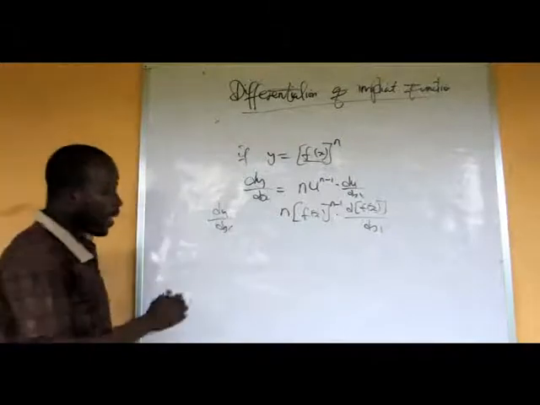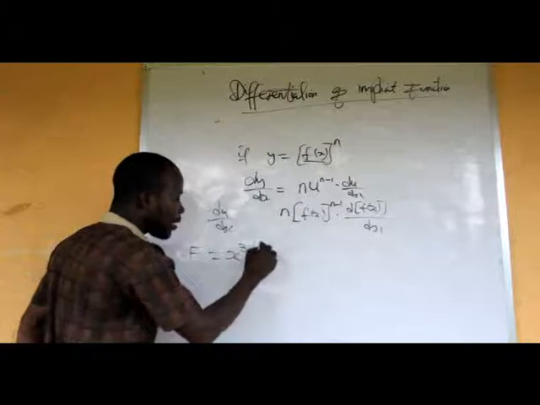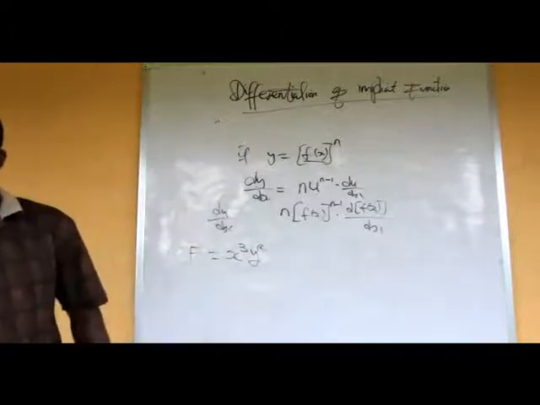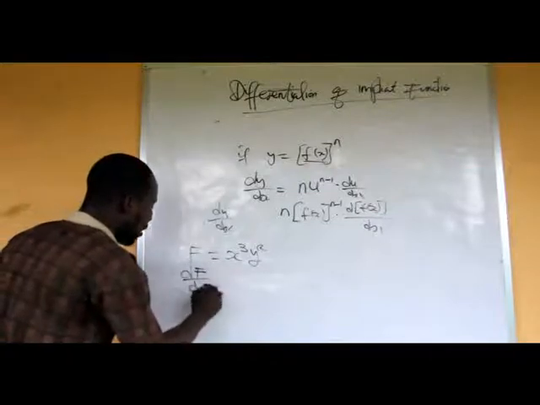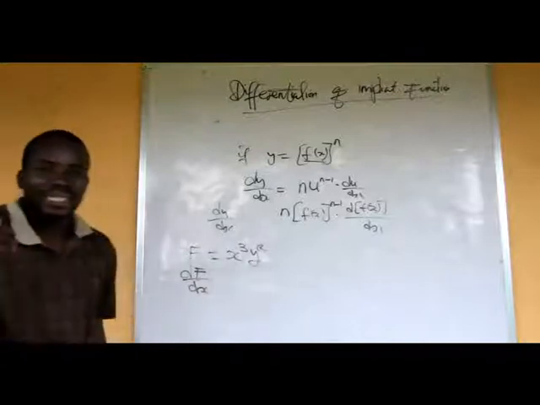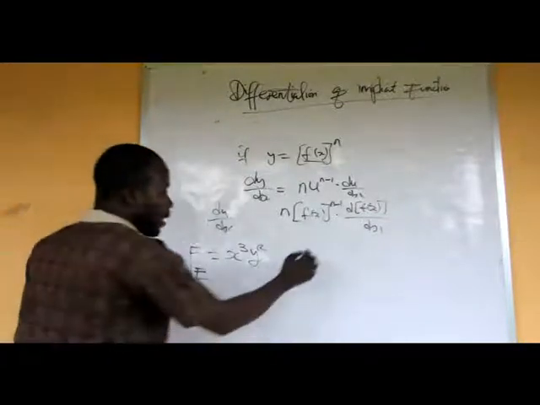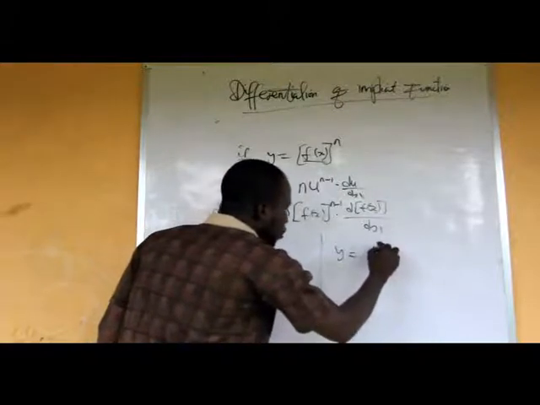So in a situation whereby you have that f is equal to x cubed y squared, and you want to differentiate and find df over dx, this means that this y here is a certain function of x. For instance, it could be that y is equal to maybe x squared.